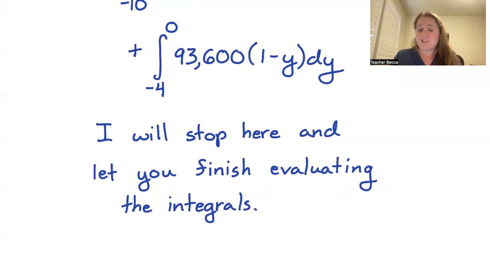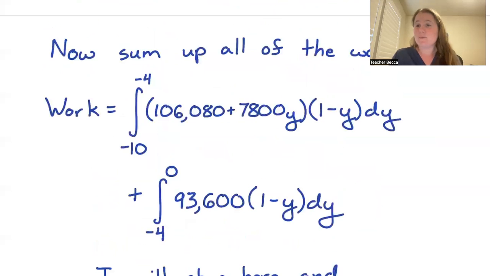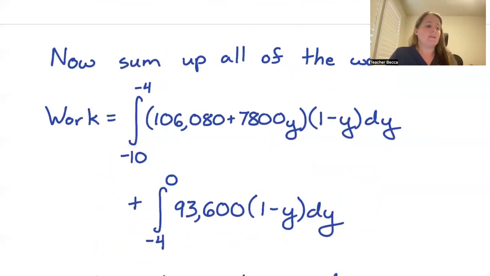But again, the general idea here was the same as in the previous video, where essentially we were calculating, okay, what is the total volume at each layer? And then finding its weight, and then multiplying by that distance that that particular layer had to travel. Once we do that, add them all up. In this particular problem, the formula for the volume had two sort of distinct components. And so we had to find our two separate components.